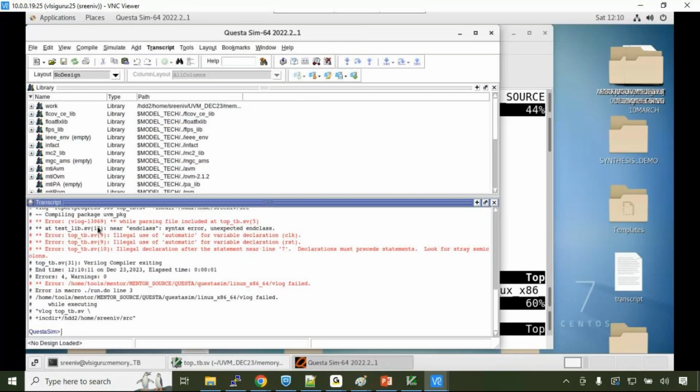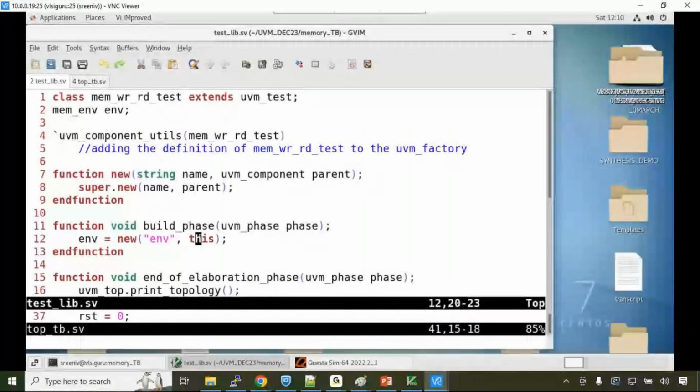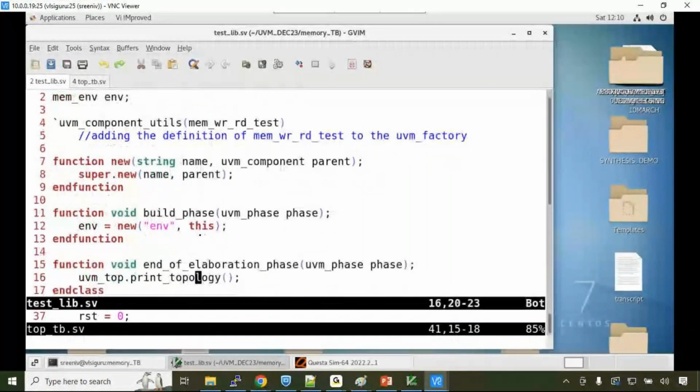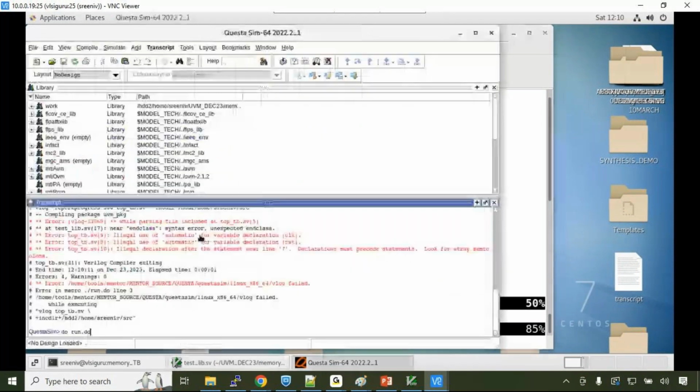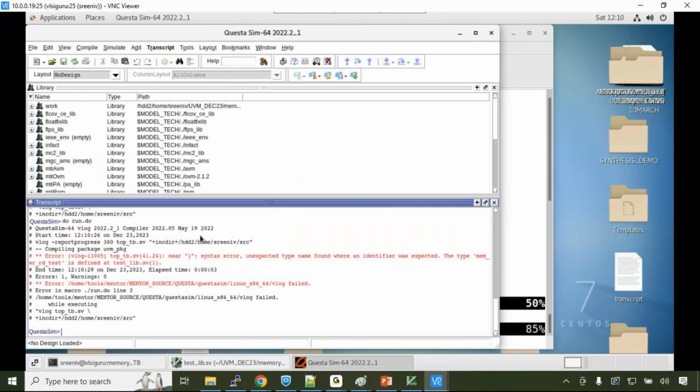There is a problem in line number 17 in test library. Let's see. End function is missing. Line number 41, there is a problem.